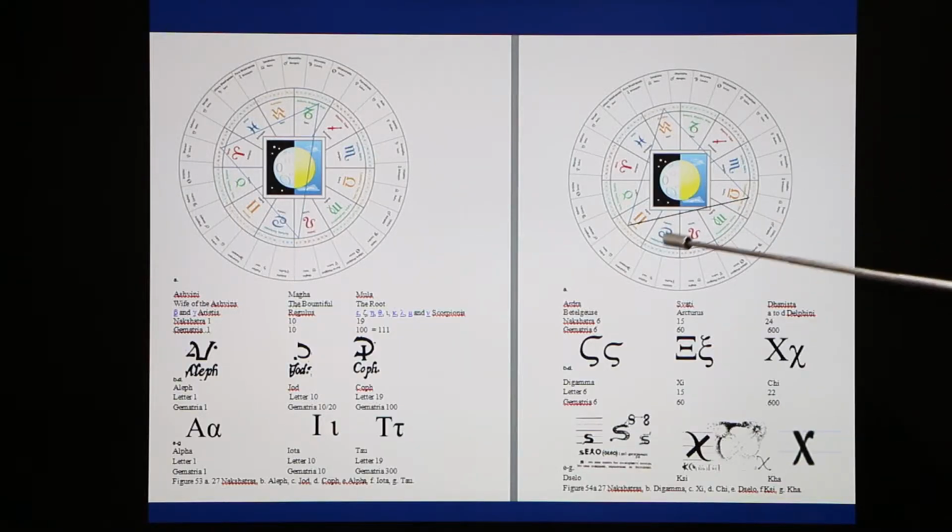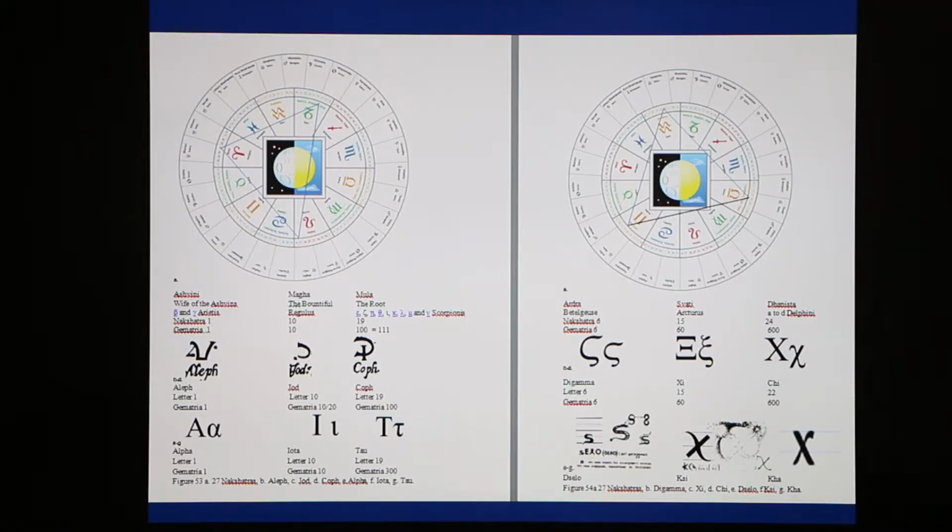If I now take the 6th letter in that sequence, 6, 15, 21, yes, I get the 3 points of Rahu. And so letters 6, 15, 21 in Greek give me a gematria of 660, 600, which is 666.